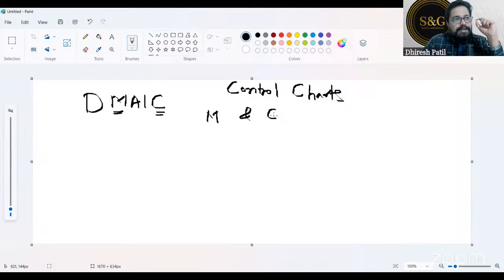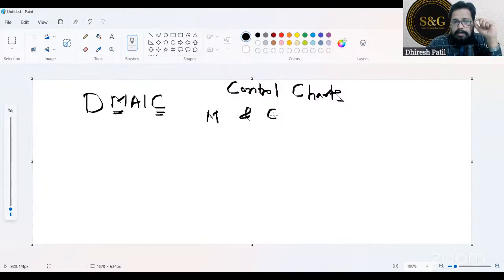Write this down: measure phase and control phase. These are the two phases in which we use control charts. Make a note of this. Now, what is a control chart? How do we use it? Everything we are going to discuss today. But in our Lean Six Sigma DMAIC framework, we use control charts in these two areas.